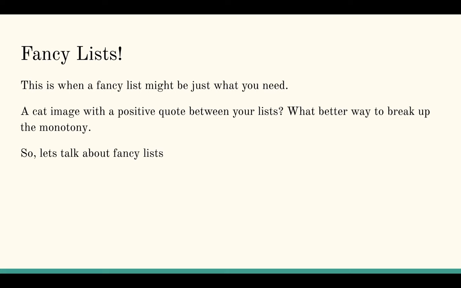So, this is a point where a user might want something like a cat image with a positive quote between the lists, something to break up the monotony between your day-to-day tasks. This can be done through these things called fancy lists, which is a term that Dr. Bradshaw actually coined.